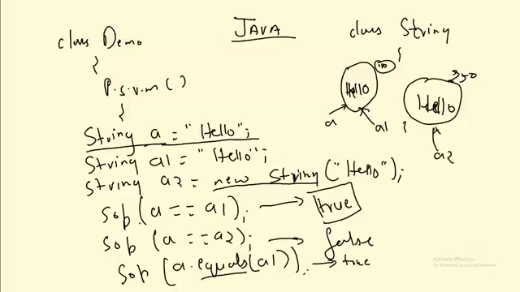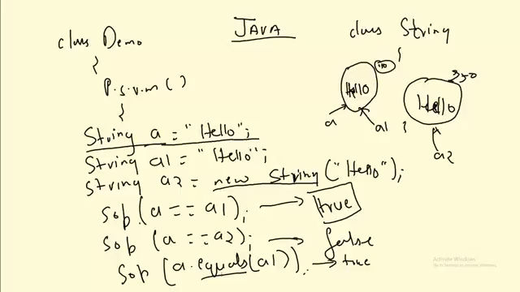The reason is the equals method is going to return a boolean value comparing these two strings. If we want to compare two different string objects, then we have to use the equals method. Double equals will always refer to the references. The address will be compared, not the content of the string.